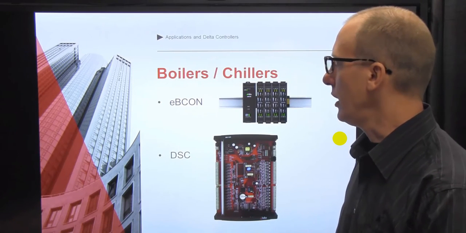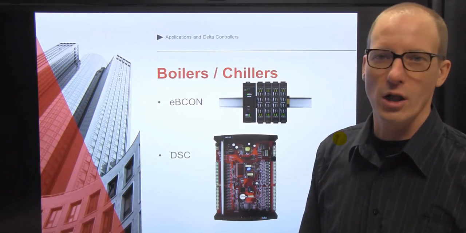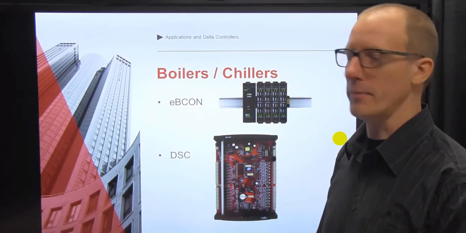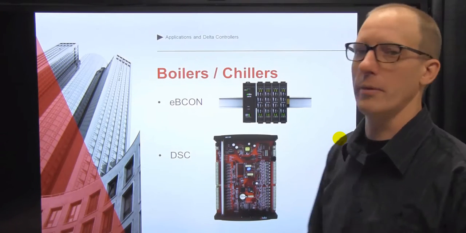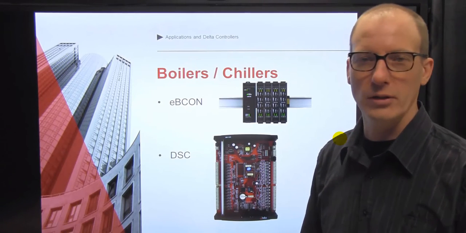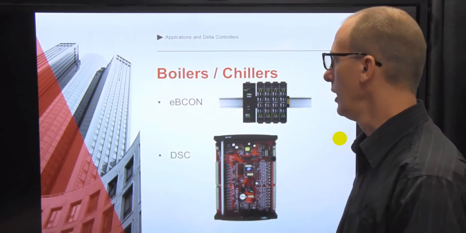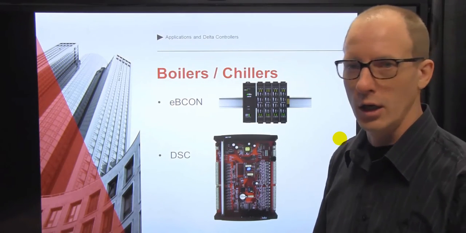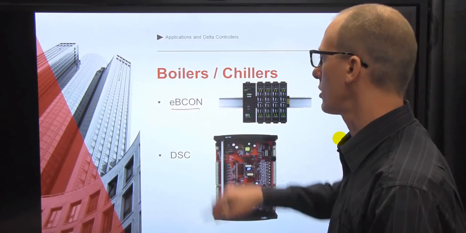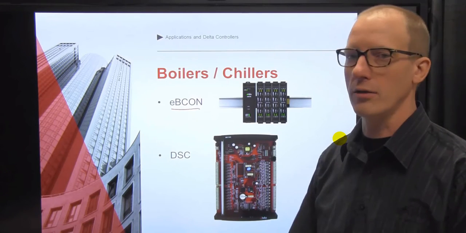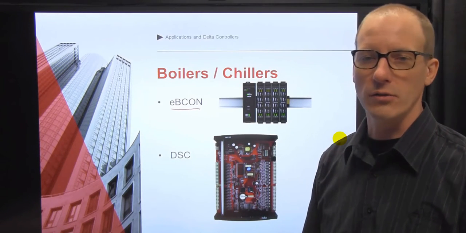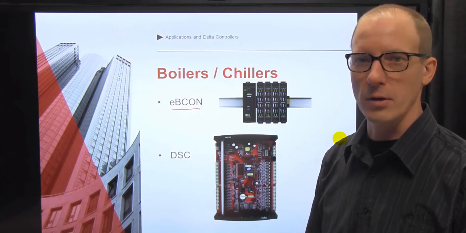Now moving off of the smaller scale equipment and onto the larger scale stuff. So we're talking basically with boilers and chillers, we're talking about central plants. So basically central plant equipment, large major mechanical equipment in a building. There are two choices here, with the EBCON that we talked about with air handlers probably being the favorite. The reason is because of the I/O customization and expandability.